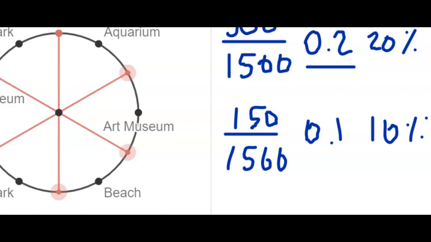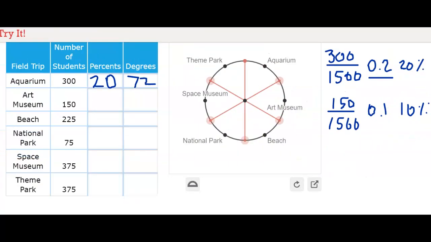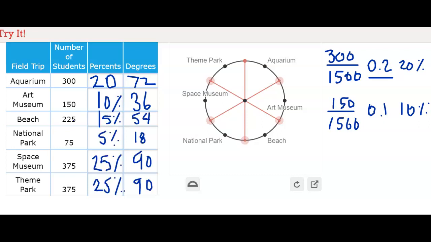And then you write that into the chart, and then you take the decimal 0.1 and multiply that by the 360, and then you're going to get your answer for degrees, and that is 36. So you would follow those same steps for each one. Here are the rest of the percents and the rest of the degrees following the same steps that we did before.